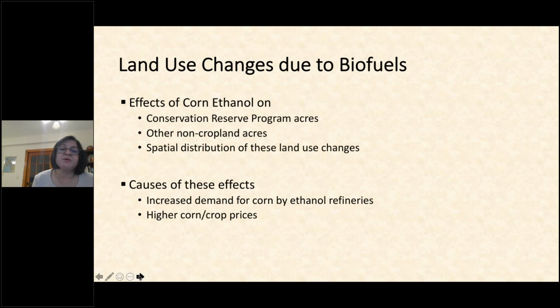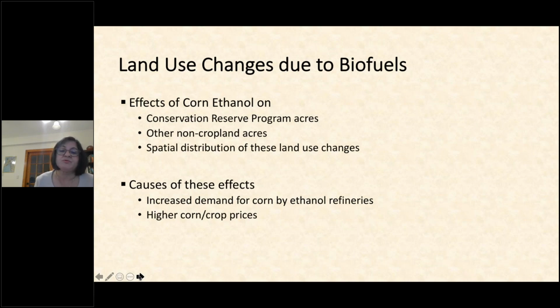So I just want to give you a few examples from my own research on understanding the extent to which biofuels, particularly corn ethanol, led to this reduction in Conservation Reserve Program acres and expansion in other acres, and how this was distributed spatially, and also isolating and trying to tease out the causes of these effects.